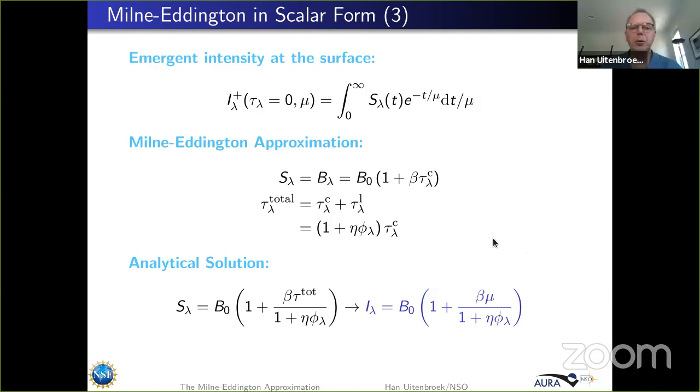Okay, so to recapitulate, the Milne-Eddington approximation is a very simple one in the sense that you assume that all line properties are constant with height, which allows us to write this. And we assume that the source function varies linearly with the continuum optical depth. Those two things. And of course, there is a plane parallel atmosphere, and we assume LTE in this case.